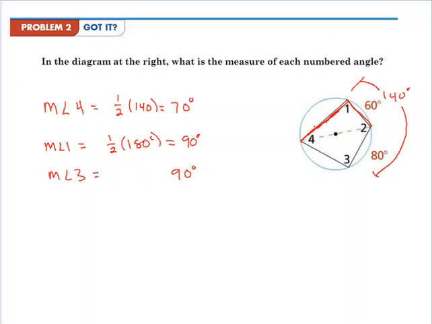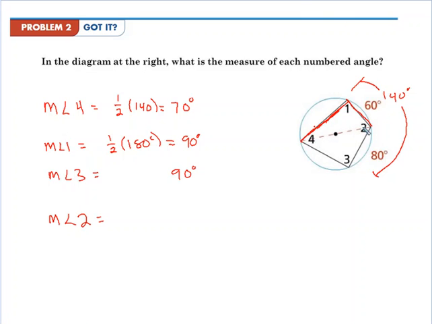And so angle 3 would also have to be 90. Now it's 90 for another reason too, because remember in the quadrilateral, the angles opposite each other have to add up to 180. So if we already knew that angle 1 was 90, this one's going to have to be 90. So 90 and 90 make 180. And that leads to angle 2. And the shortcut here now is that it is directly across from angle 4, right?